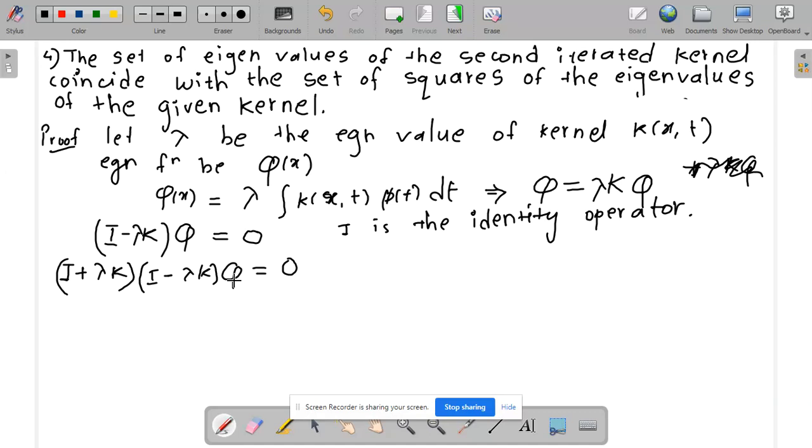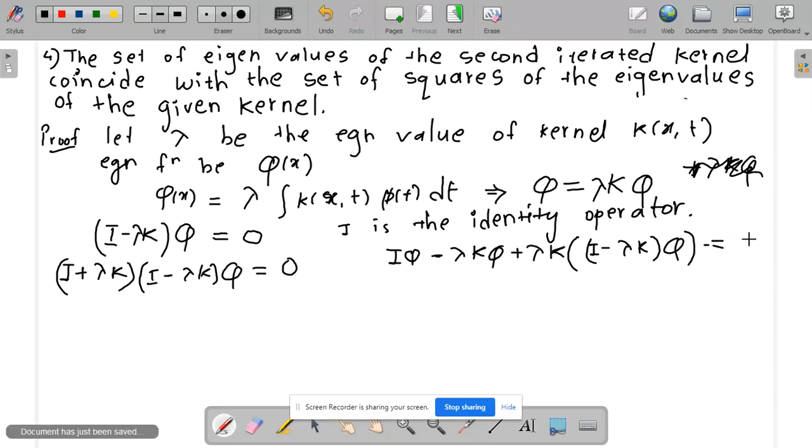Nothing but this same thing, because I is the identity operator. So it will be I of phi minus lambda times k of phi, plus lambda k of this full thing, that is I minus lambda k of phi equal to 0.